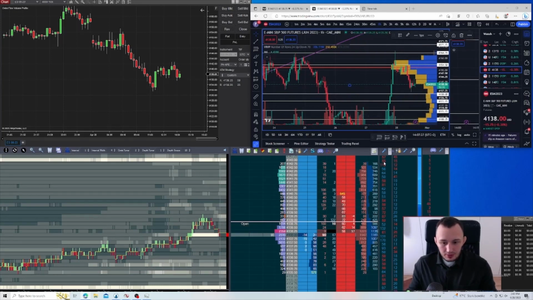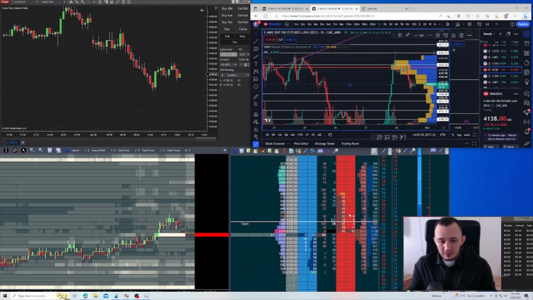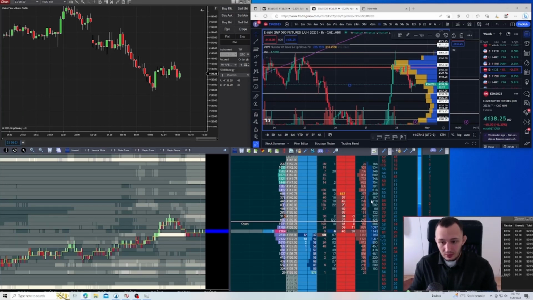Because you've got to remember, the bigger players mostly trade and hit around obvious levels, and I want to look for the bigger players, figure out what they want to do, and pretty much follow them.